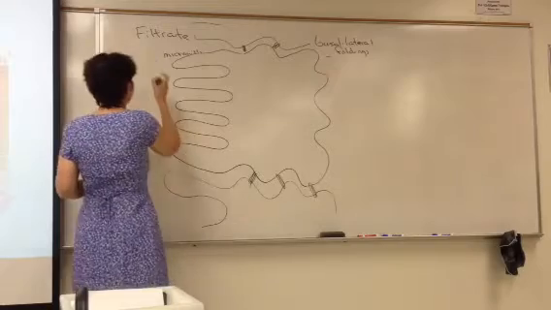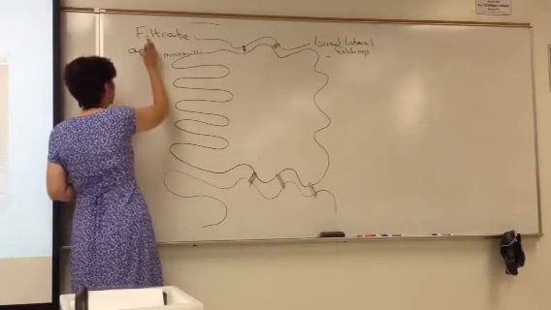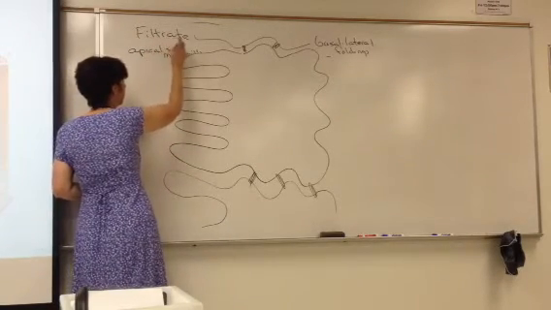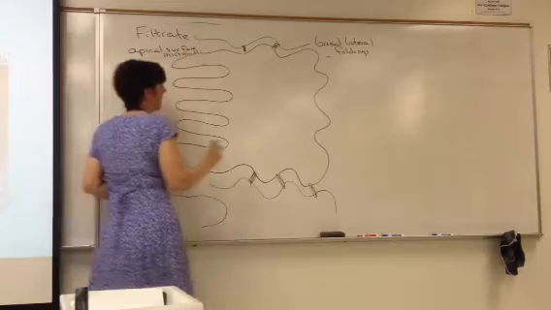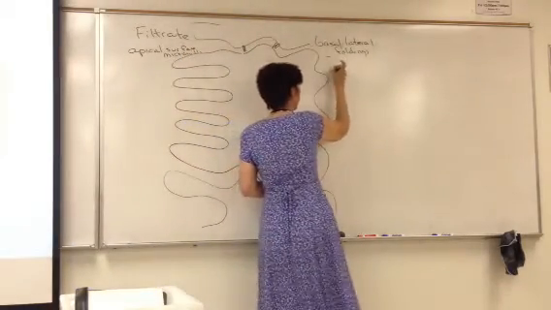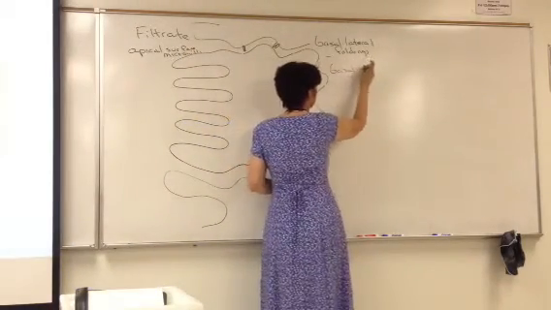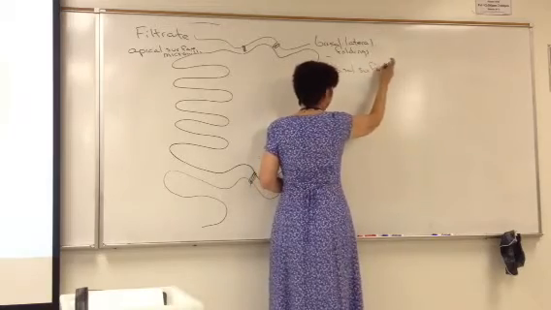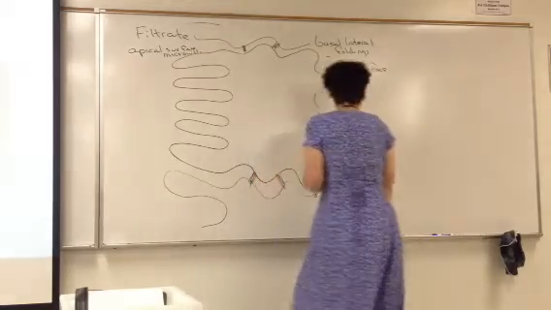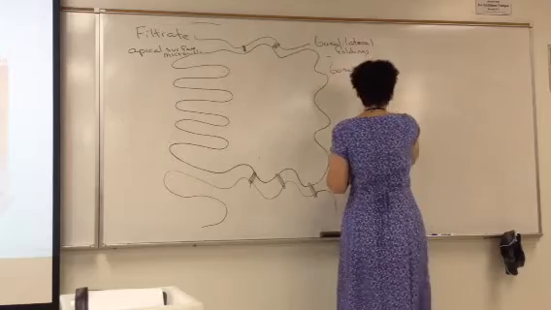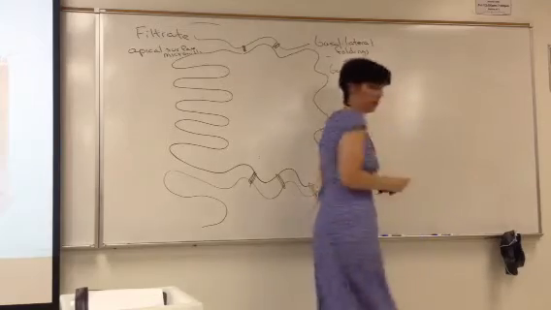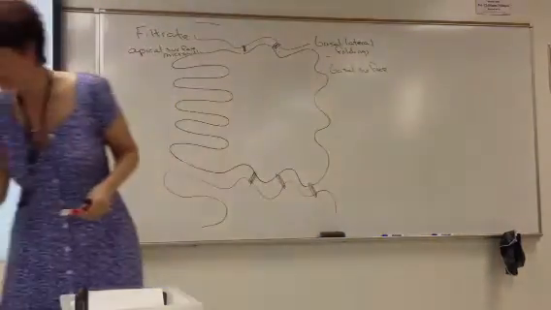So this is called the apical surface. And this is called the basolateral surface. And then we have our peritubular capillary blood.